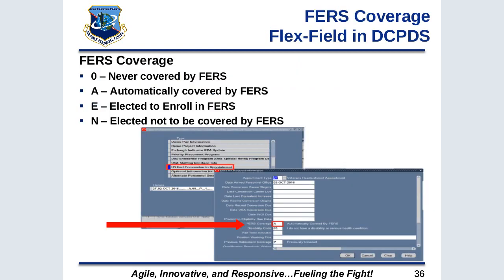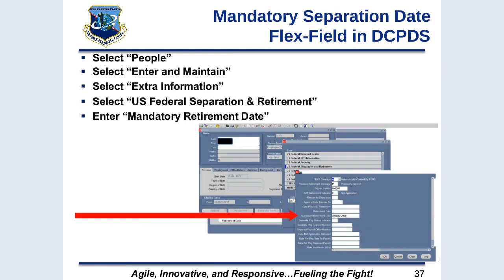Another area to check in DCPDS is for the FERS coverage, which is under U.S. Fed Conversion to Appointment, FERS coverage, and then you would choose the appropriate code. Another area to ensure is coded correctly is your mandatory separation date, that's a flex field in DCPDS.